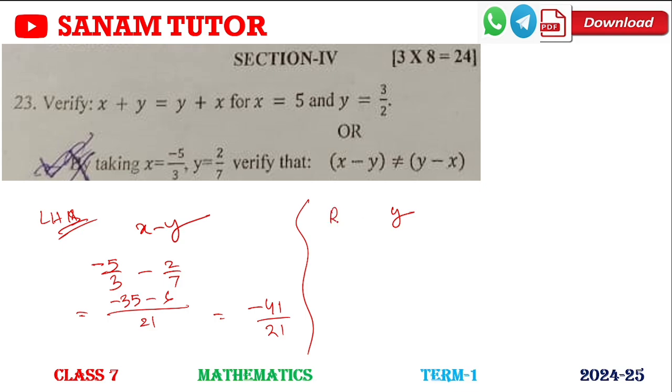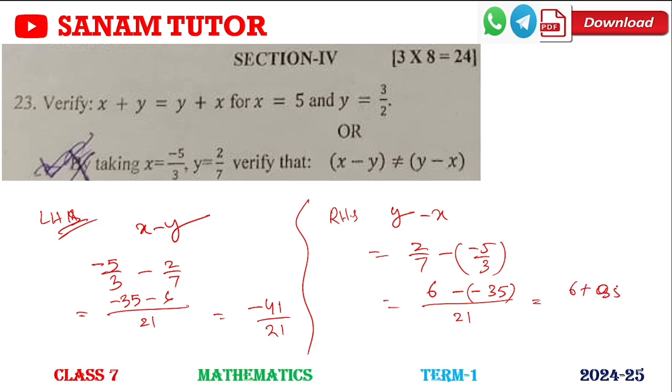Similarly RHS, y minus x. So put the value 2 by 7 minus 5 by 3. Take LCM, that is 21. 3 twos 6 minus 35. It will be 6 plus 35 by 21, that is 41 by 21. Okay, so LHS and RHS are not equal.